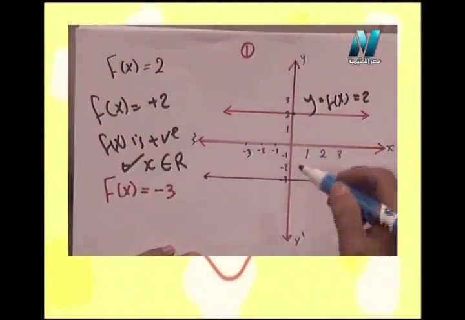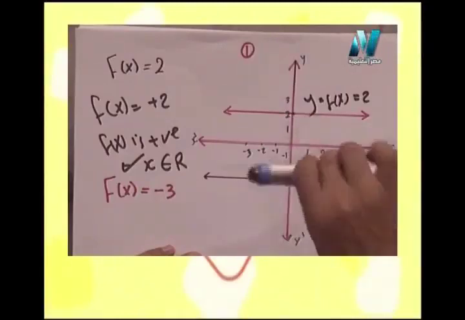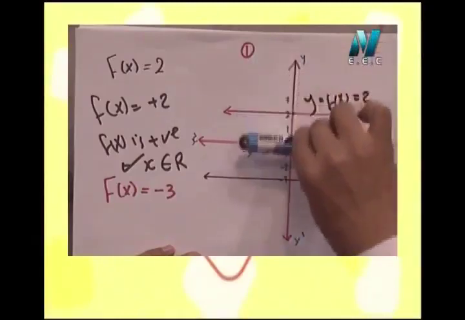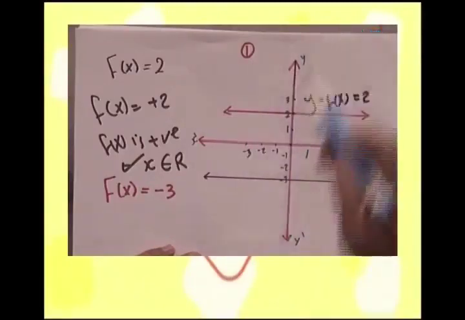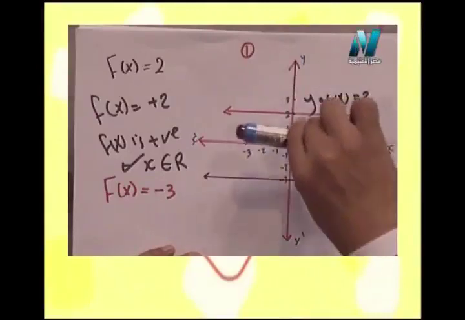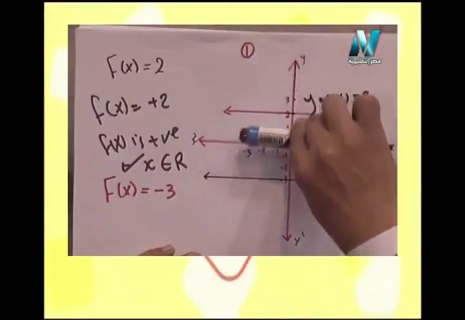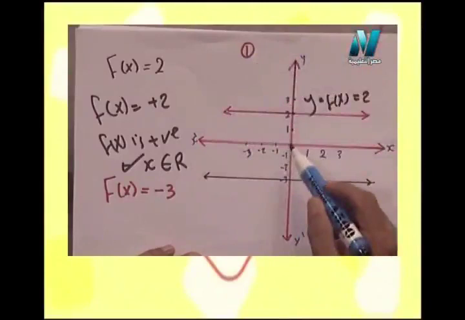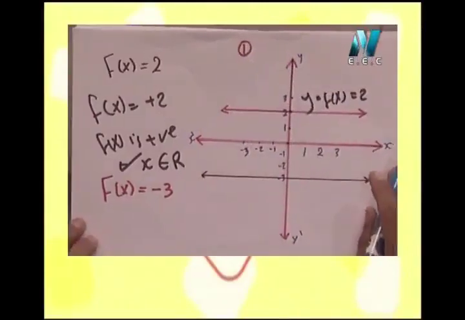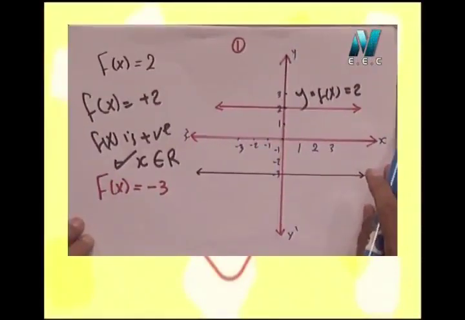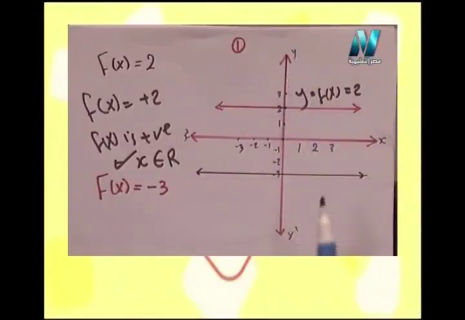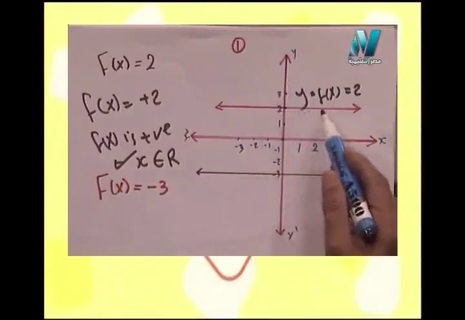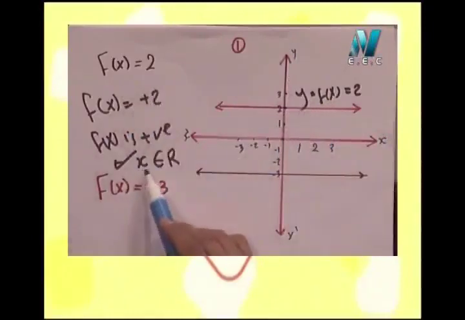Y is positive because y here from 0, 1, 2, 3 and so on, so it is above the x-axis. All y here, which is above the x-axis, is positive. So the function f(x) equals 2 is positive in its domain, which is x belongs to R.